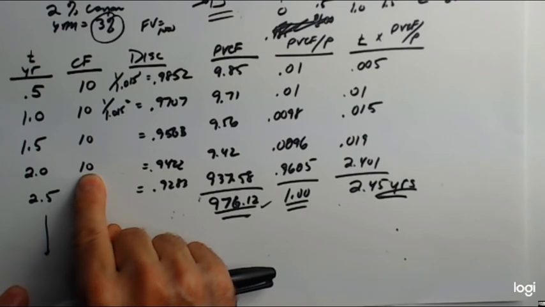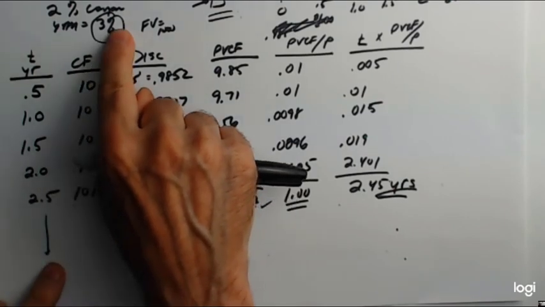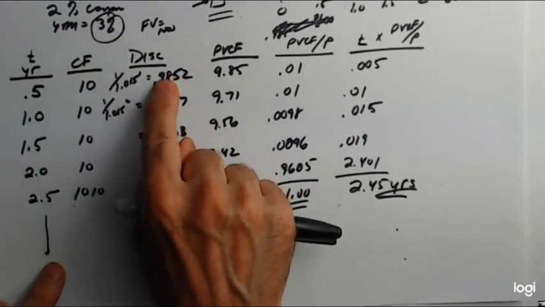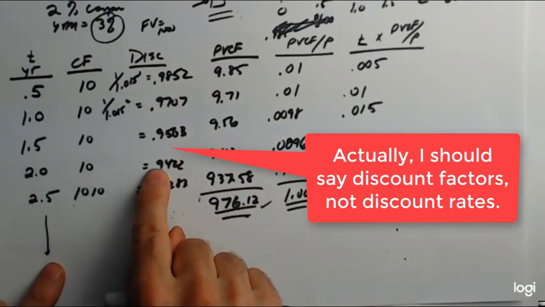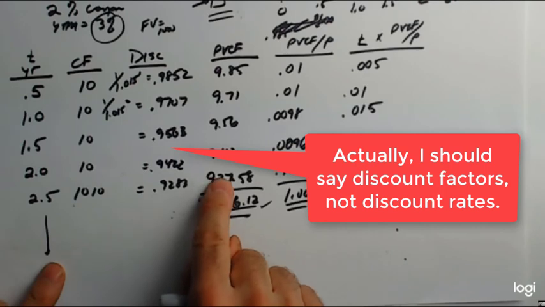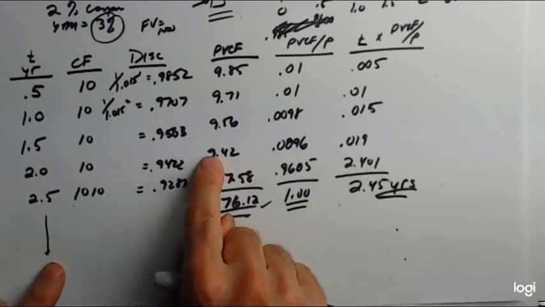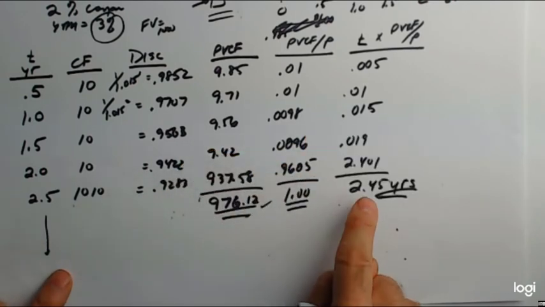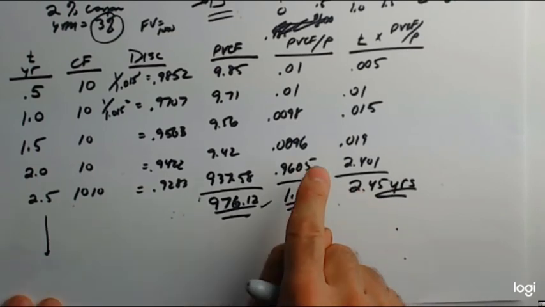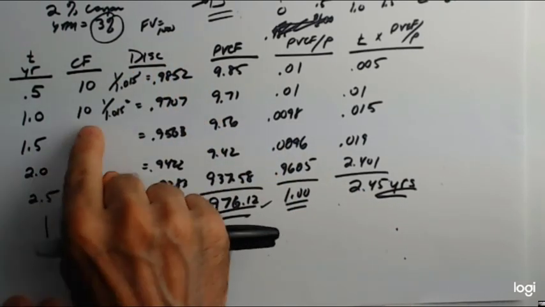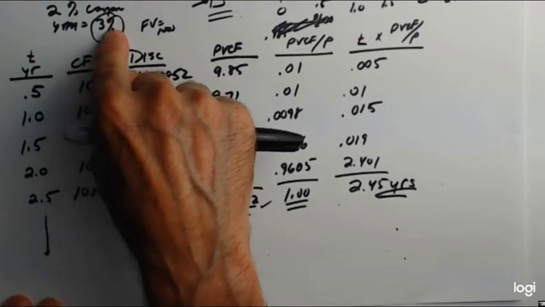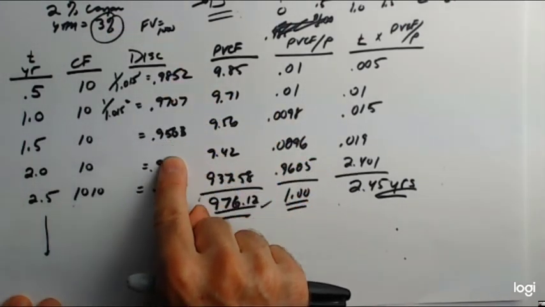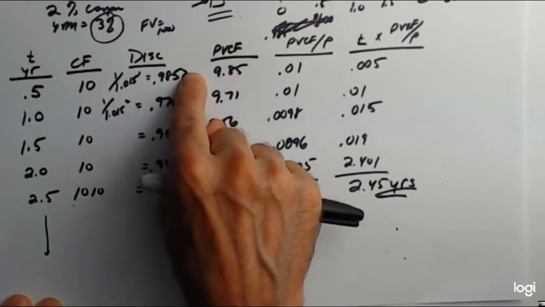If you lower the yield to maturity, you actually raise this discount factor. This number goes higher, which means it's putting more weight on these end cash flows. And when you do that, you end up with a higher duration.